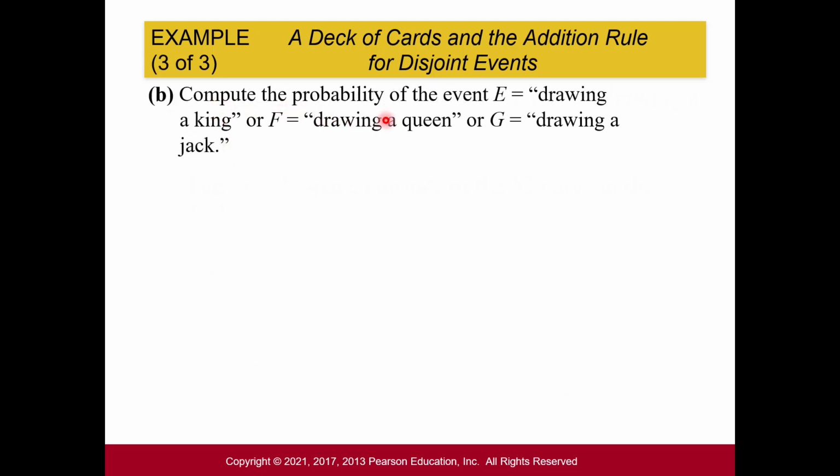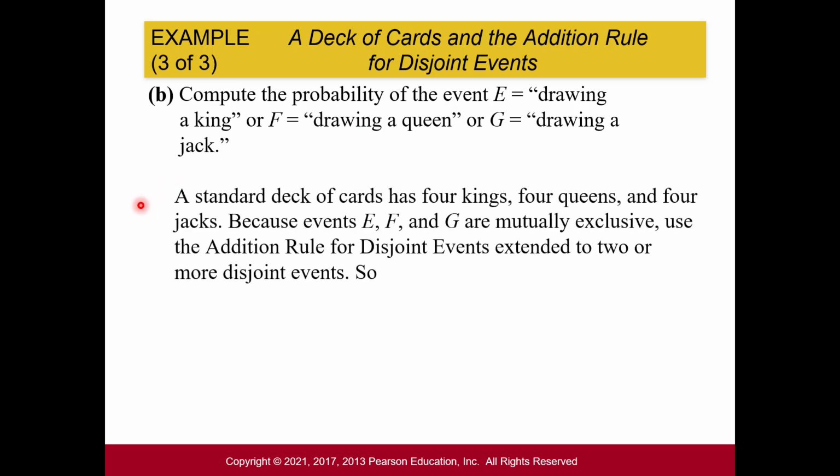Now let's compute the probability of the event drawing a king or drawing a queen or drawing a jack. So a standard deck has 4 kings, 4 queens, and 4 jacks. Each of these events are mutually exclusive or disjoint, and so we're going to use our addition rule for disjoint events, and we're just extending it to 2 or more disjoint events.